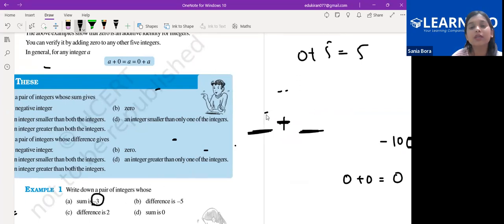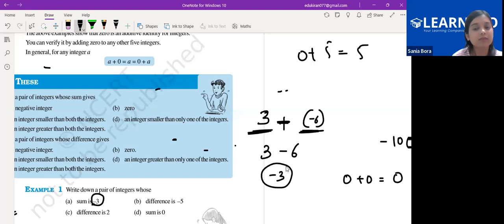For example, if I add 3 plus minus 6, then plus minus minus 6, my answer is minus 3. Yes or no? Don't get confused thinking, ma'am, but it's plus minus minus, and it says sum.